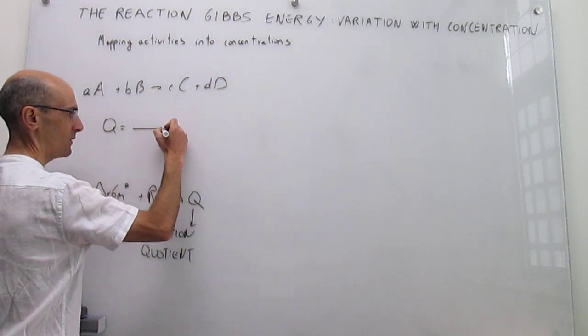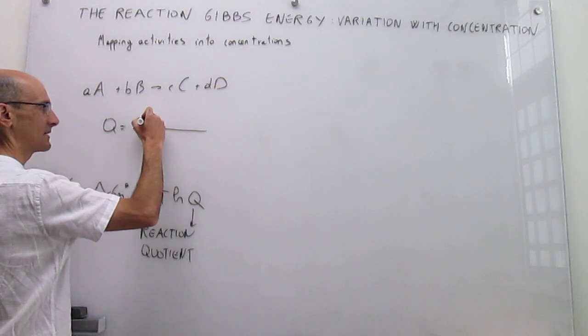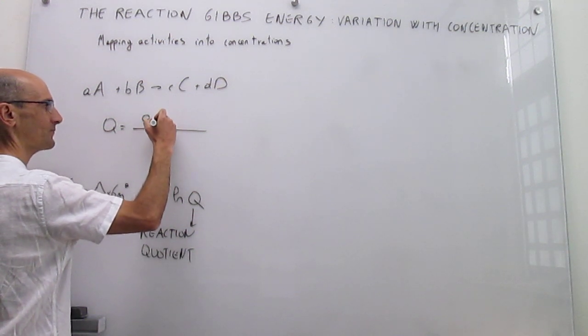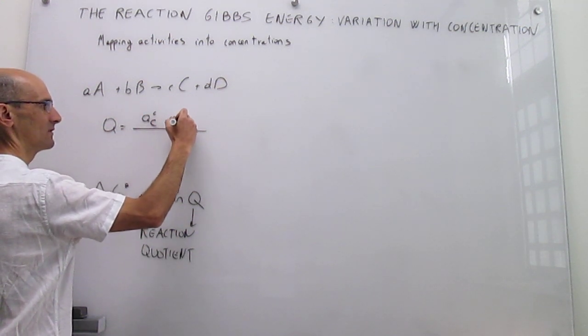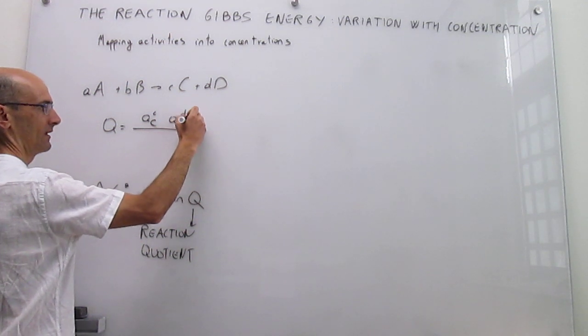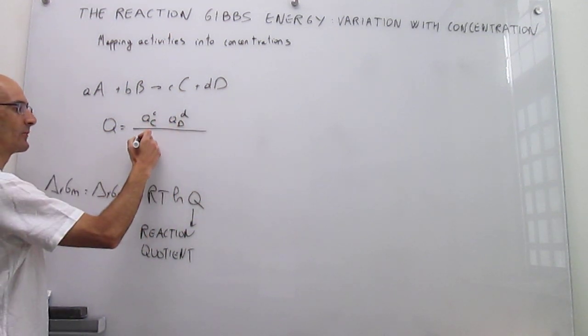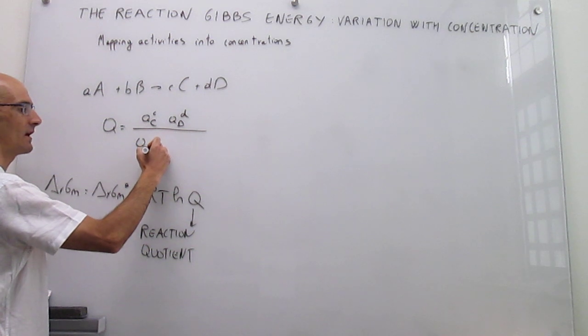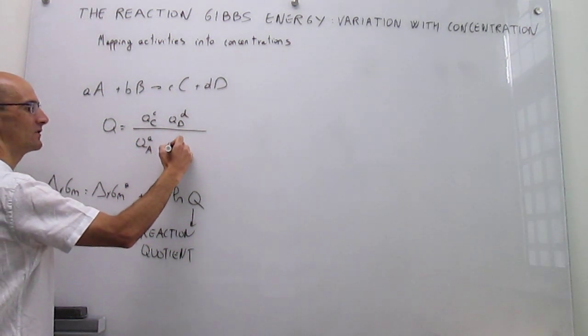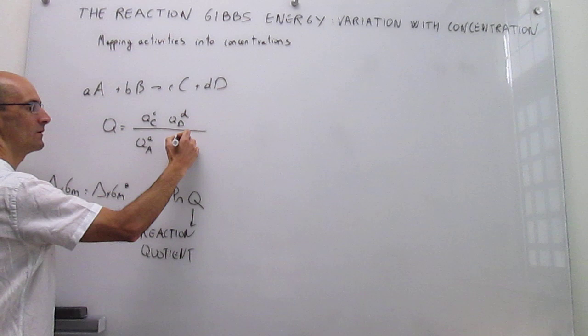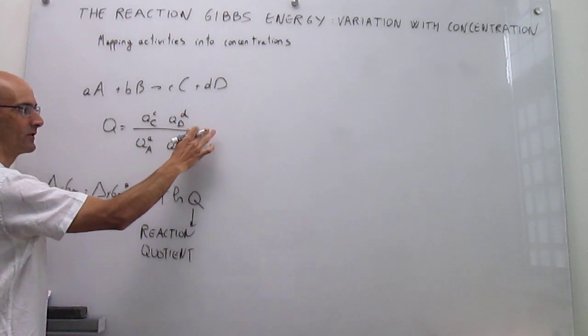The way that you do that is simply say, well, that is the activity of C and the activity of D elevated to the power of the stoichiometric coefficients, and then the activity of A and the activity of B also to the power of the stoichiometric coefficients.